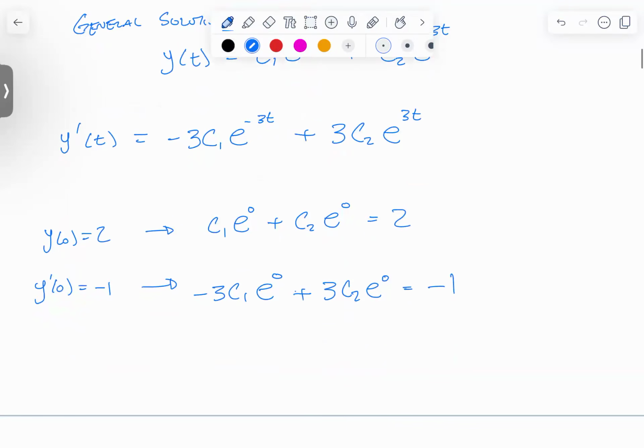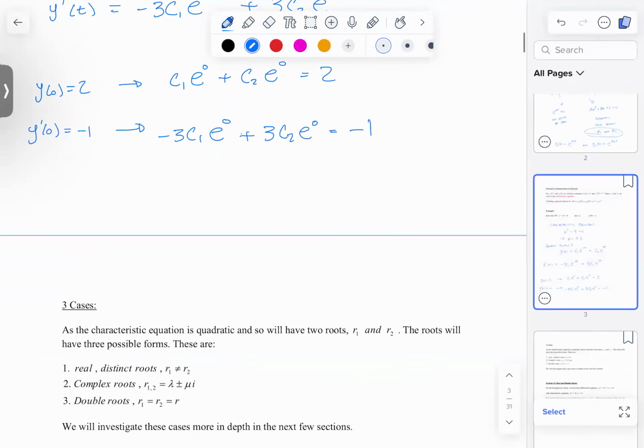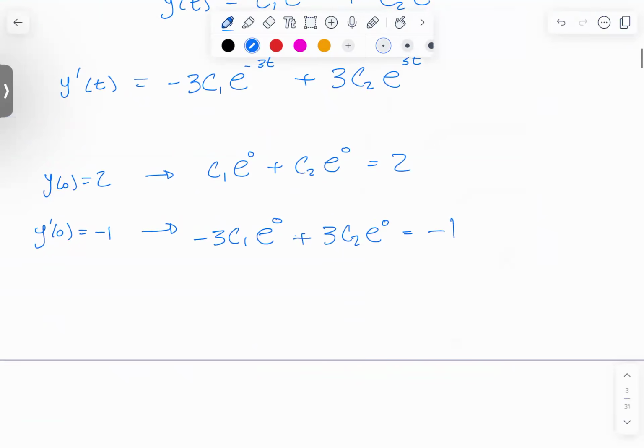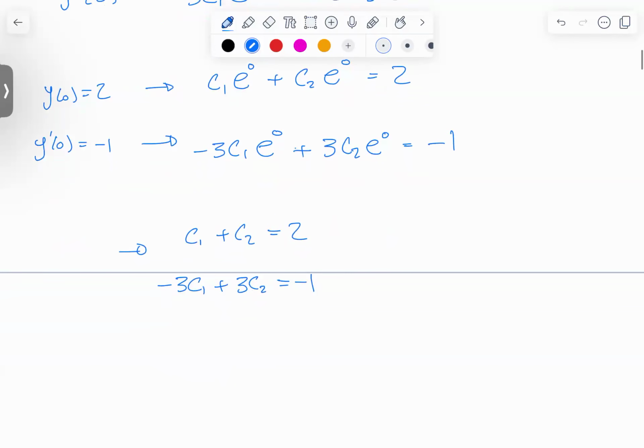Now, this is not difficult to solve, but I just want to refresh us on one little note here. Plugging in my zeros for t and the corresponding values, this ends up being C1 plus C2 equals 2, negative 3 C1 plus 3 C2 equals negative 1.